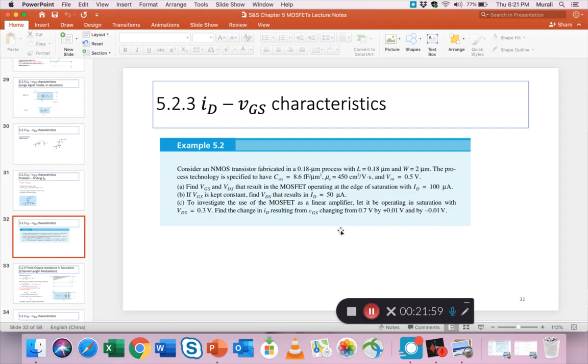So this is kind of a signal, plus or minus, and tell him what the change in ID is. So he's still not asking us for an output voltage change, but for an output current change. Okay, so you can see how to solve this.